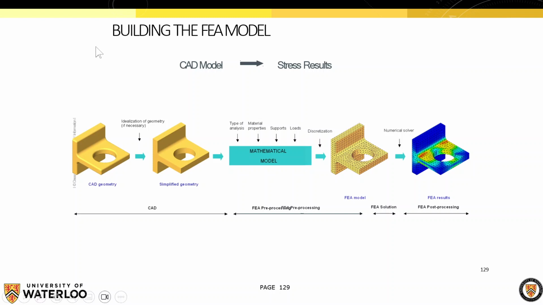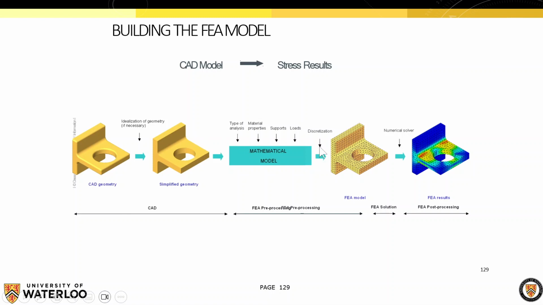You can see how this has nice rounded edges. So I want to delete some of the rounded edges that don't affect the end result very much. Depending on how you load this, this one fillet radius could be very important, so that one I want to keep, but all the aesthetic rounded edges I'm going to remove so I can simplify the geometry to make the mathematical modeling a little bit easier.